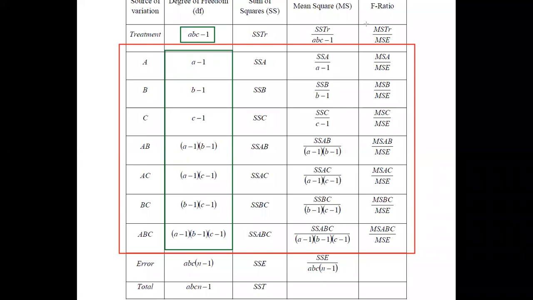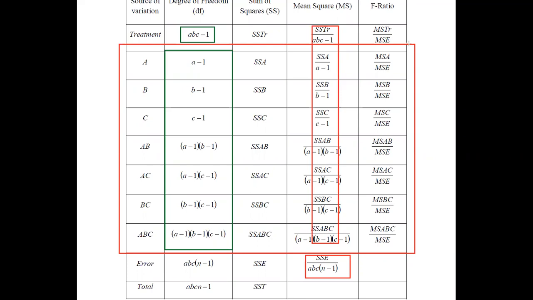Therefore, if you take the mean square for a set of values and divide it by the mean square error, you can easily obtain the F ratio values.